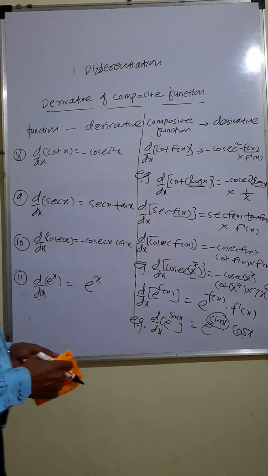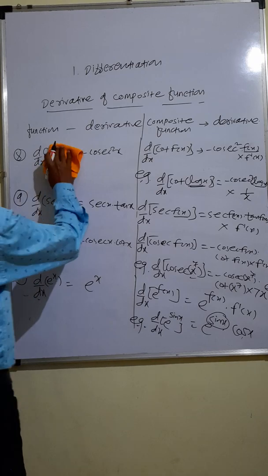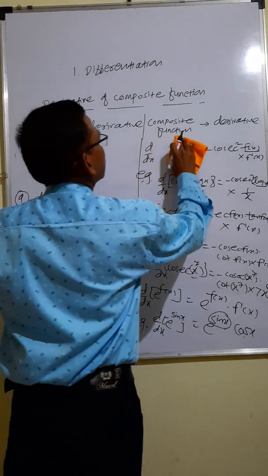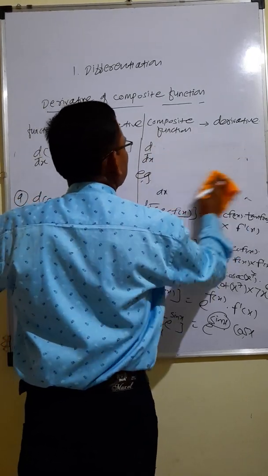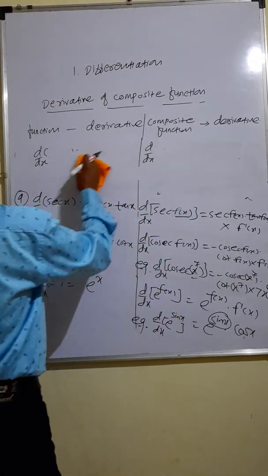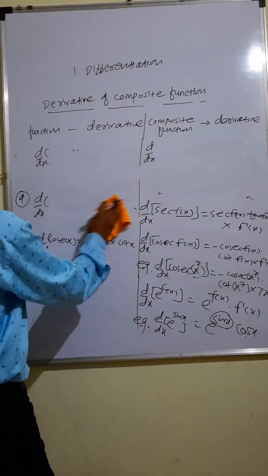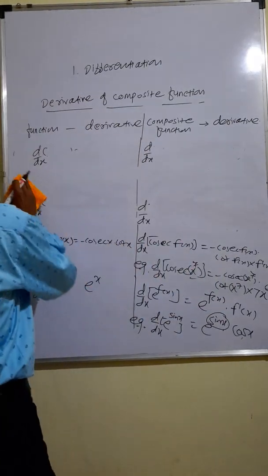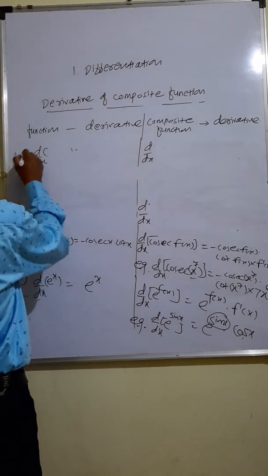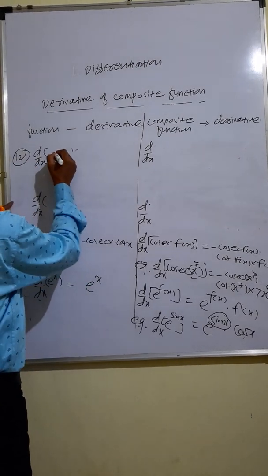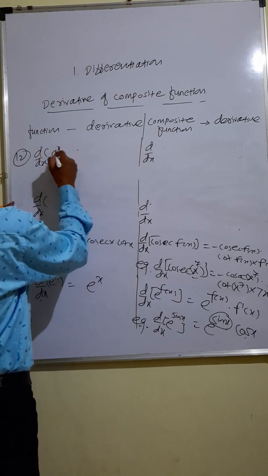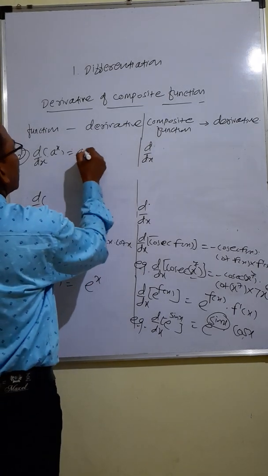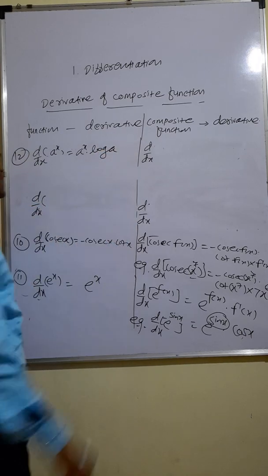Next, the exponential function a raised to x. The derivative of a raised to x is a raised to x into log a.